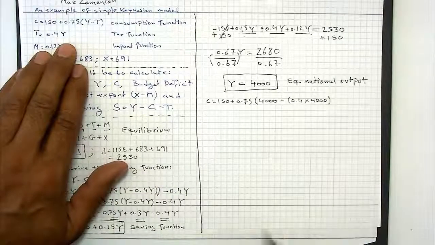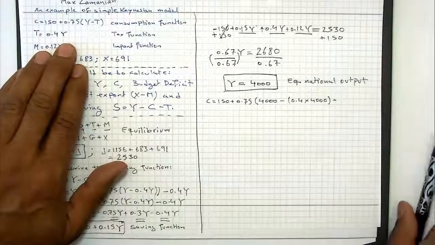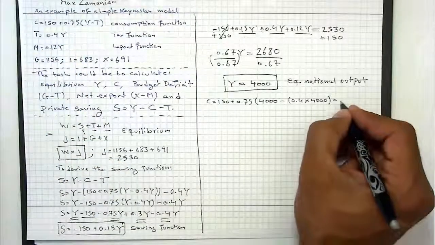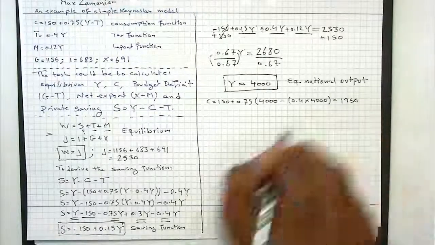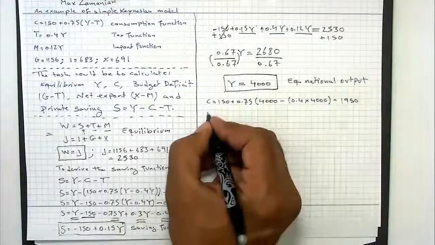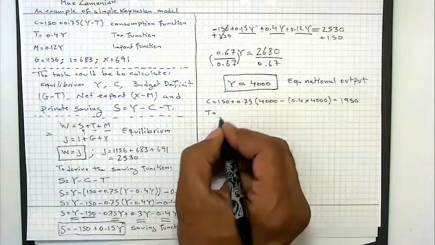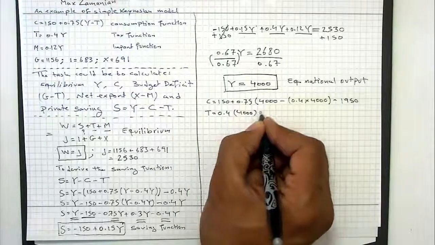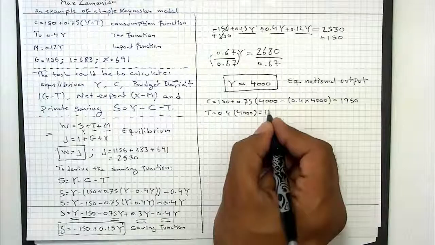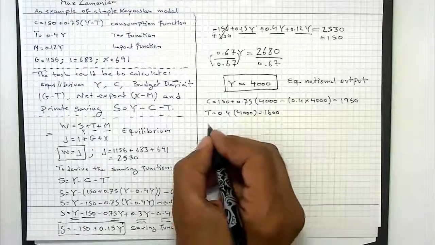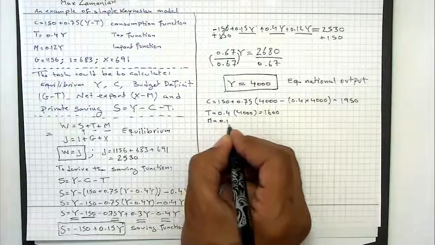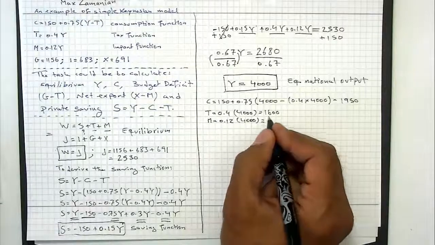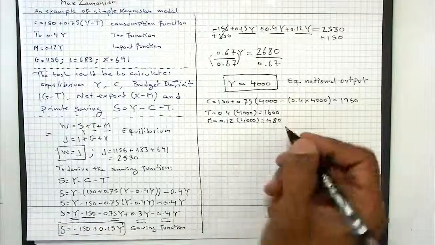So actually you see you have only numbers on the right hand side. You just carry out the calculation properly, you will get 1950. Tax function, the same. You have 0.4 times 4,000. You will get 1,600. Import function, 0.12 times 4,000. You get 480.